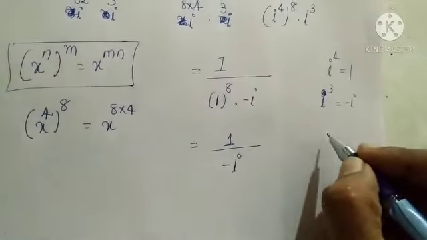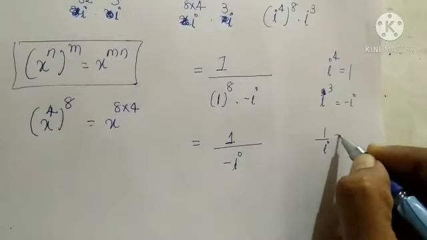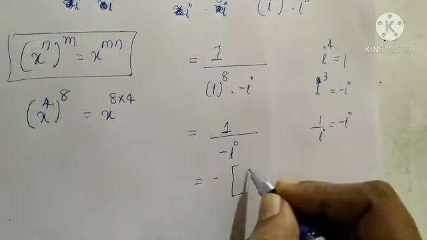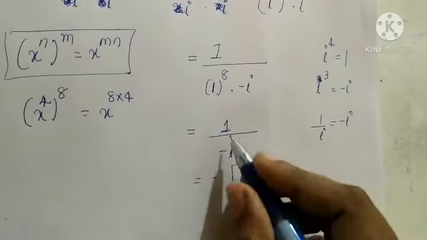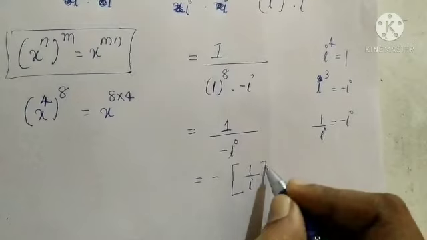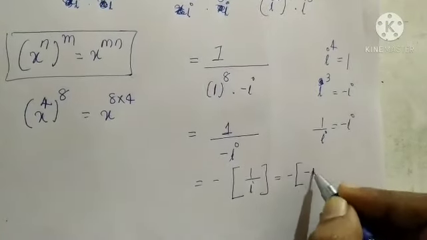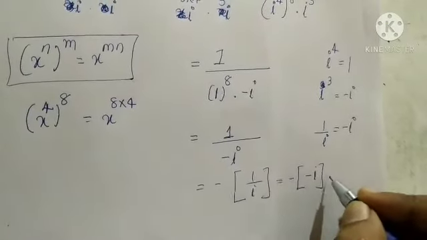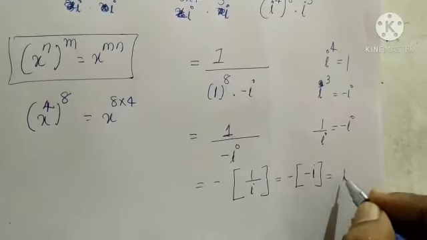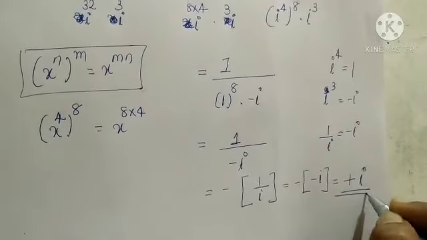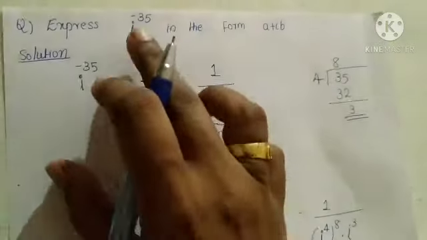And also we know that the value of 1 by I is minus I. So this can also be written as minus of 1 by I is equal to, replacing this 1 by I by minus I, and this minus and minus will be positive, and here we get positive I. So this is our final answer.